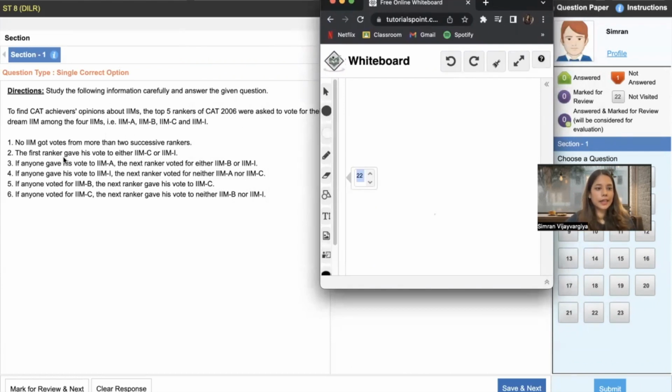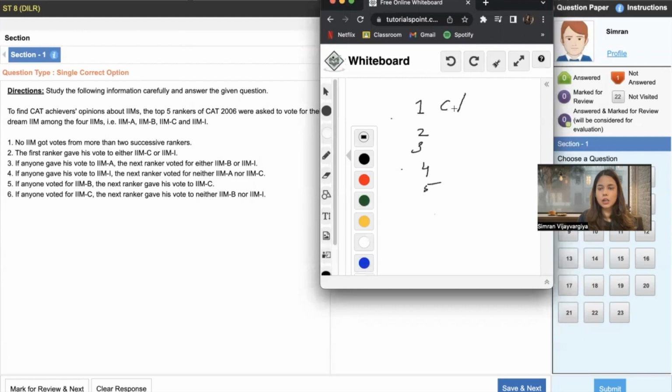The first rank gave his vote to either C or I. So we have first, second, third, fourth, and fifth.